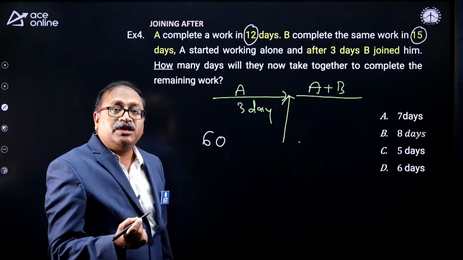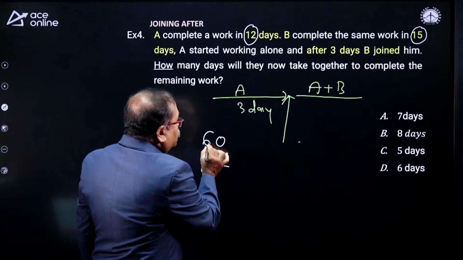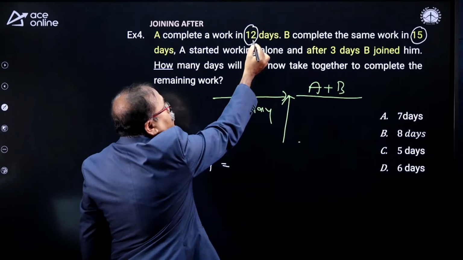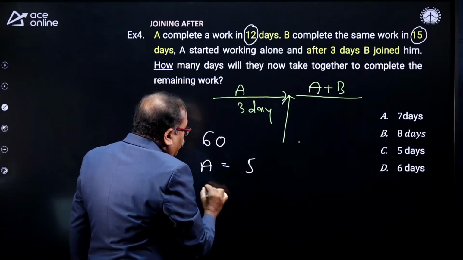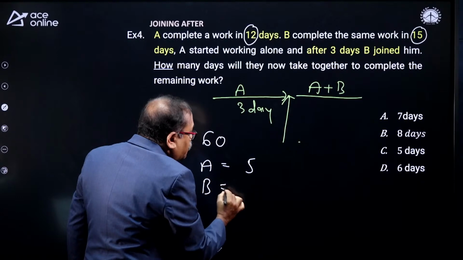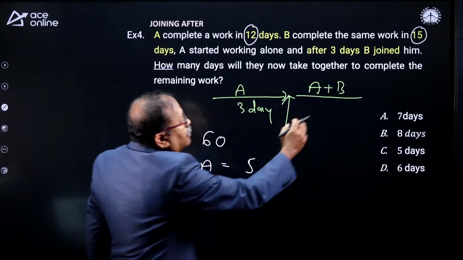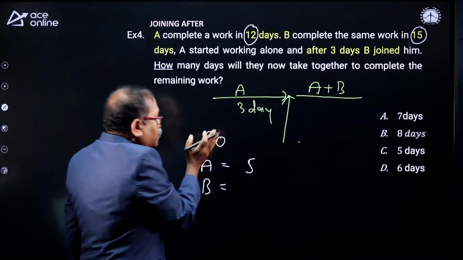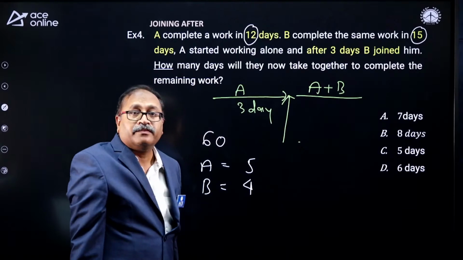Now A completes how many units per day? So let's take that. A completes 60 divided by 12, that's 5 units per day. Now B completes how many units per day? The total number of units is 60, and he completes in 15 days. Therefore, 60 divided by 15, that's 4 units per day.